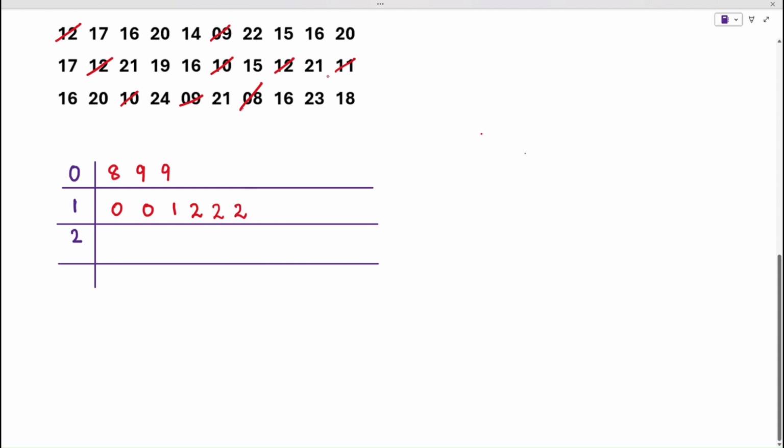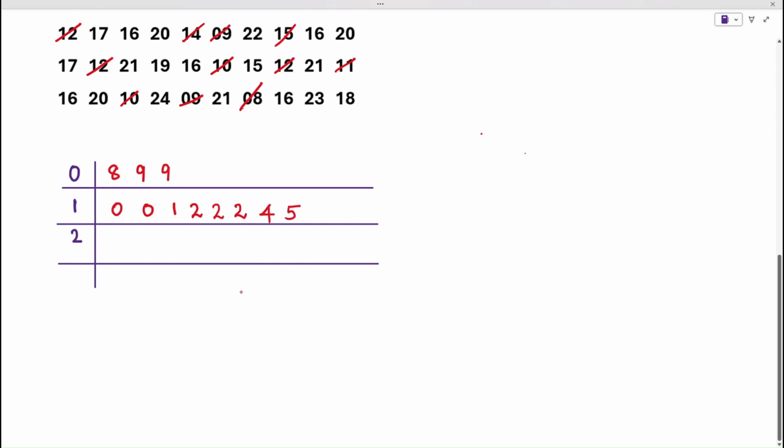Our next highest number is 15. So we have no 13s or 14s. Oh, sorry, we have 14, so we have no 13s, so we can go to 14, and we can write 4. And then we have 15, so we can write our 5.